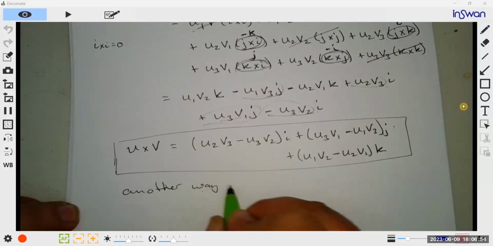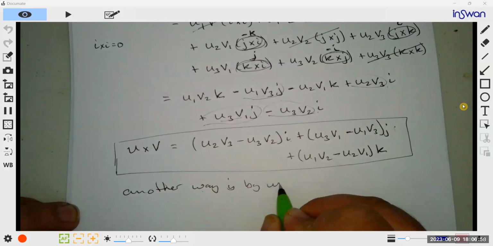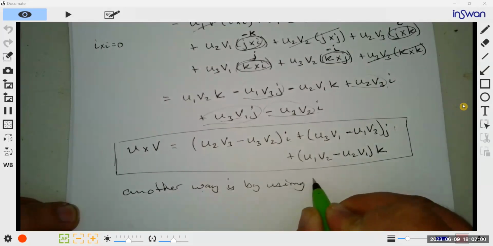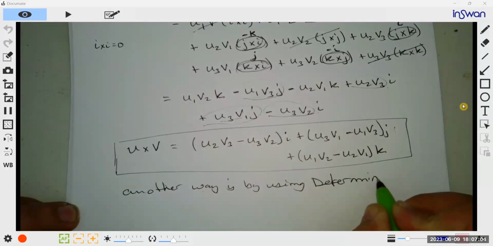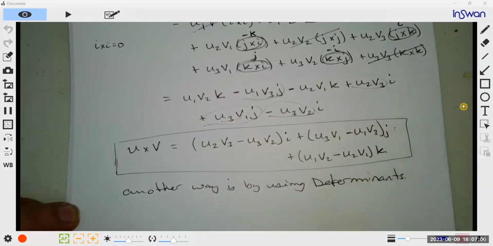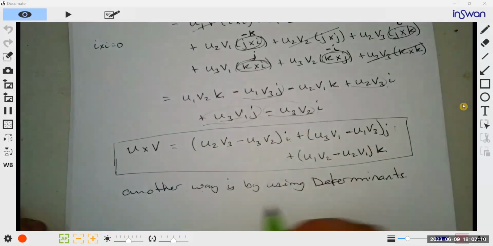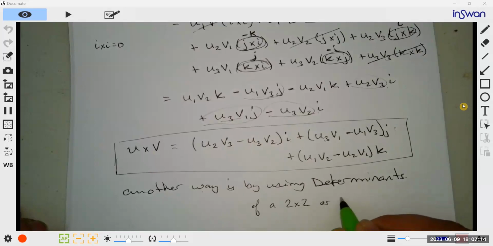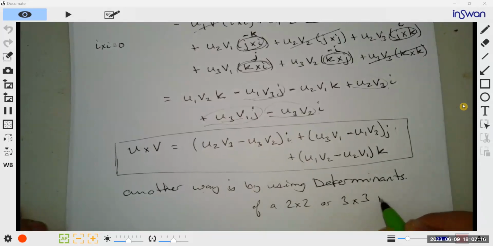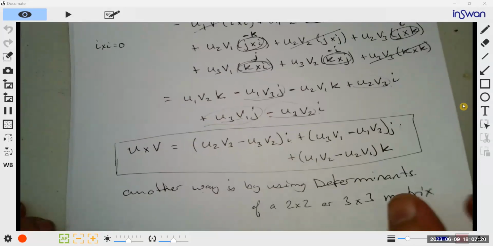Another way is by using determinants of a 2 by 2 or 3 by 3 matrix. All depends on how many data sets you have.